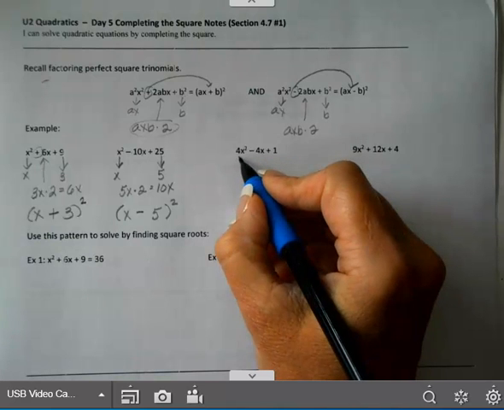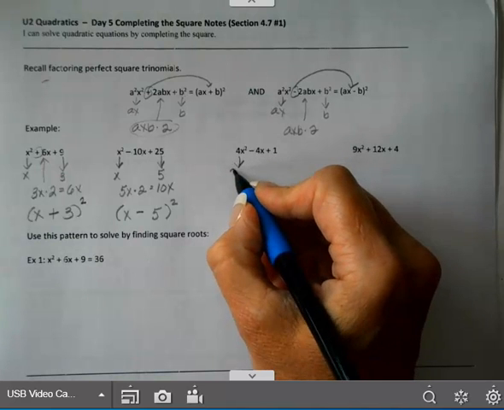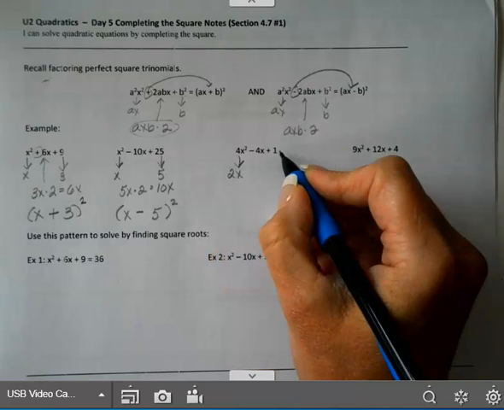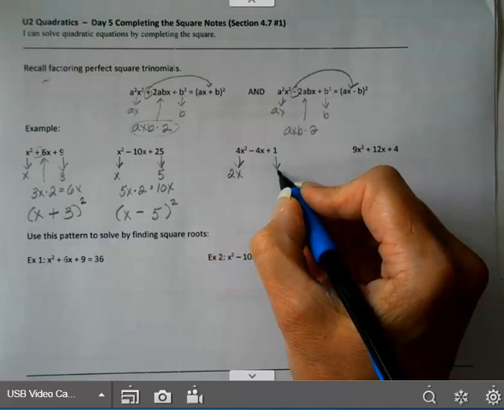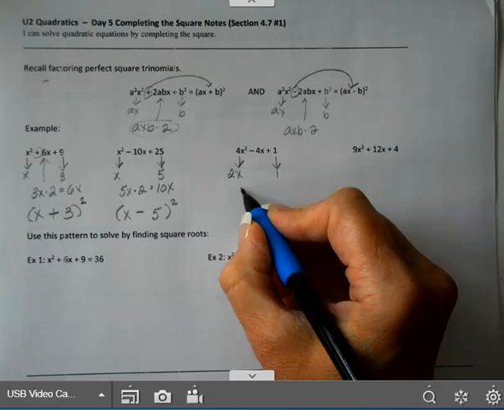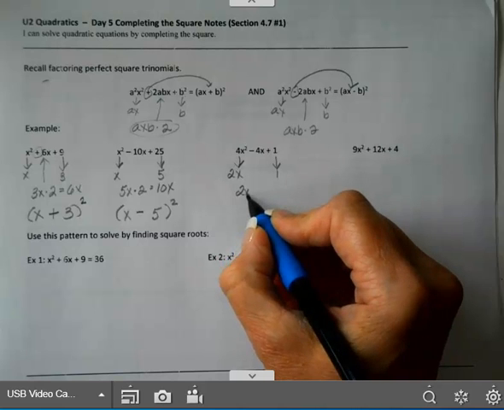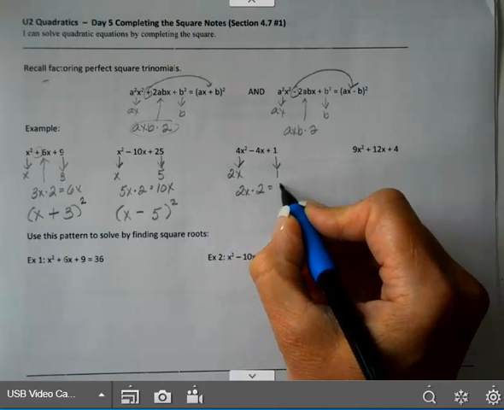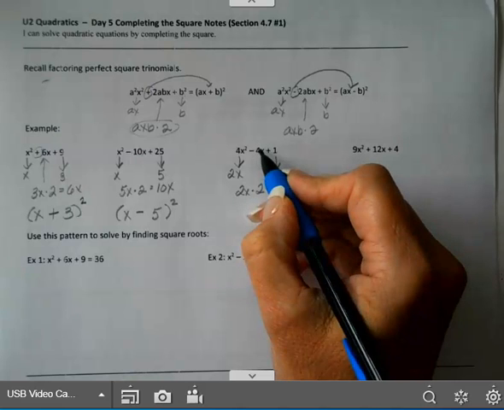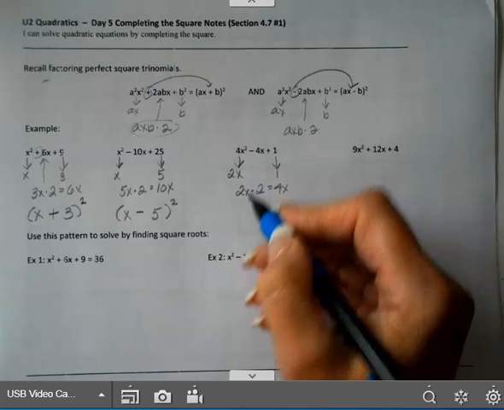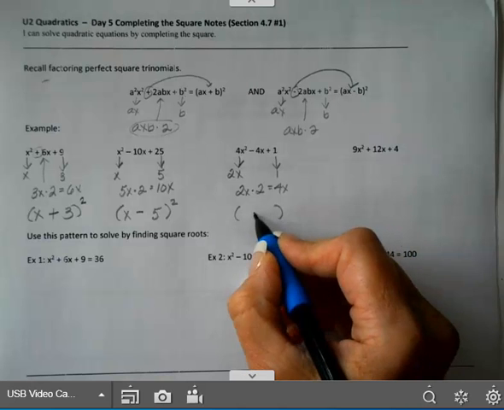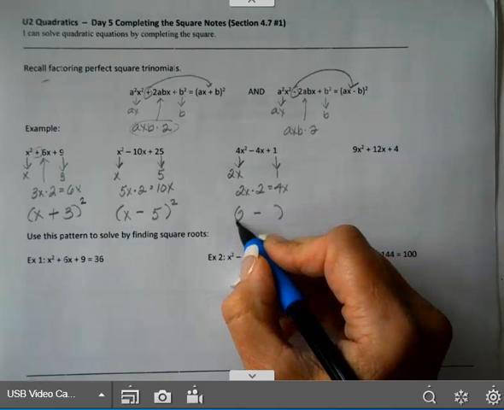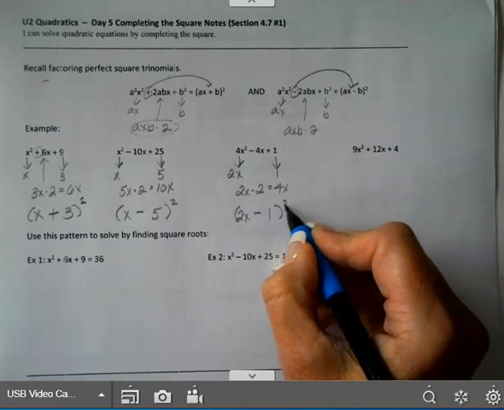On the next one, I have square root of 4x squared, which is 2x. Square root of 1 is 1. And then if I take that product, so 2x, and I double it, I'll get 4x, which is my middle term. It does have a minus, so that means there'll be a minus in here. And the 2x and 1 go in the parentheses, and there's a square on the outside.